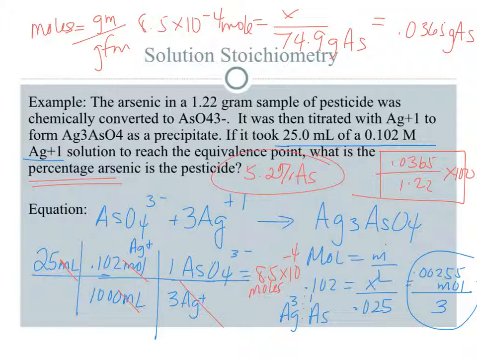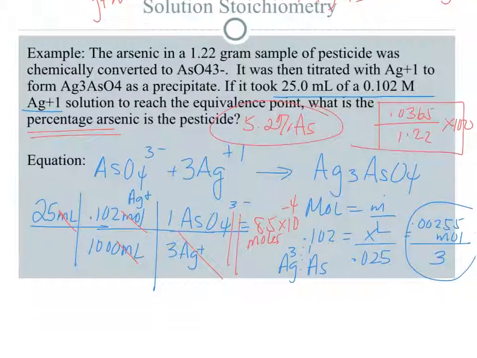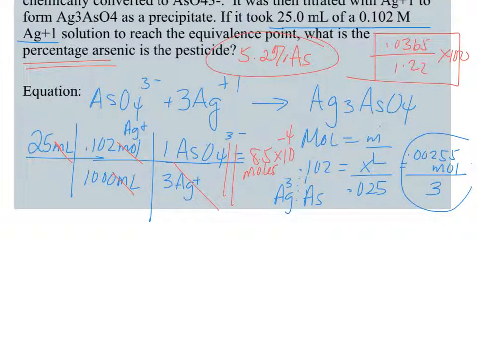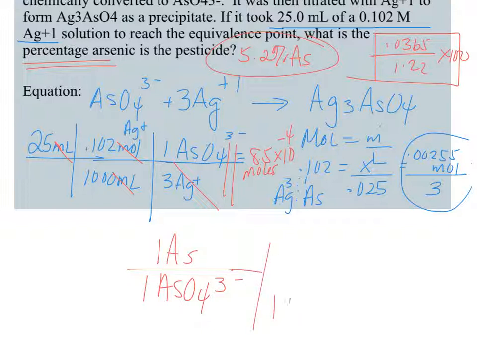You can do it with dimensional analysis and get the grams of the arsenic, because honestly what I would have done right after this, I could have said in 1 AsO4 3 minus, there is 1 As, right? And 1 As has a GFM of 74.9.